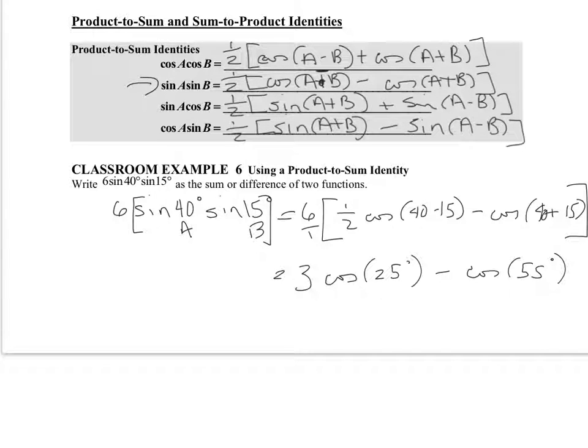I mean, I could just do 6 times the sine of 40 times the sine of 15 if I'm going to be plugging in the calculator. But the point is, sometimes you can rewrite these and end up with special right triangles, or you might find you didn't know what the 40 and the 15 were, and they were asking for exact values, but they gave you the exact values for the 25 and 55. So this would have given you a way to get there and find the answer.